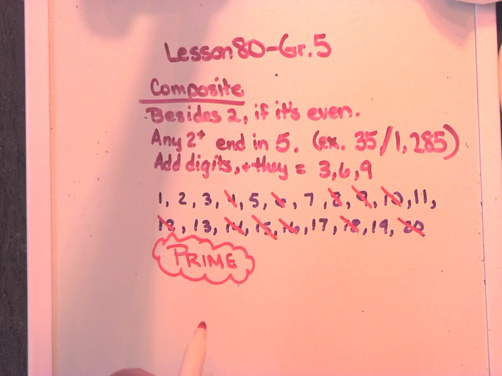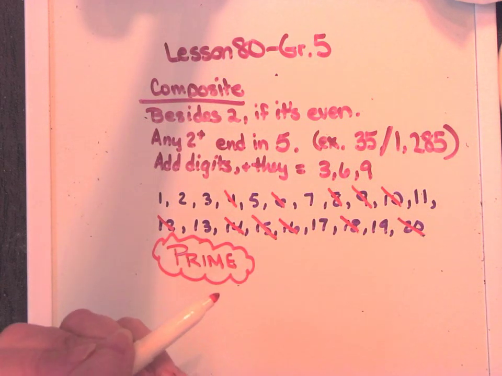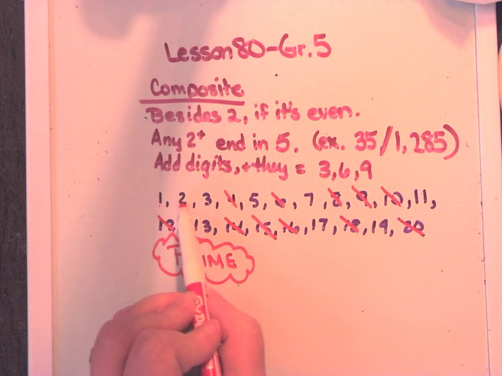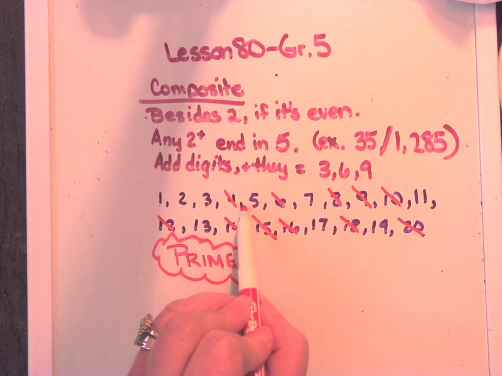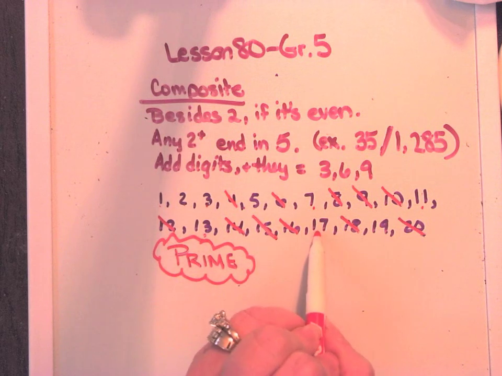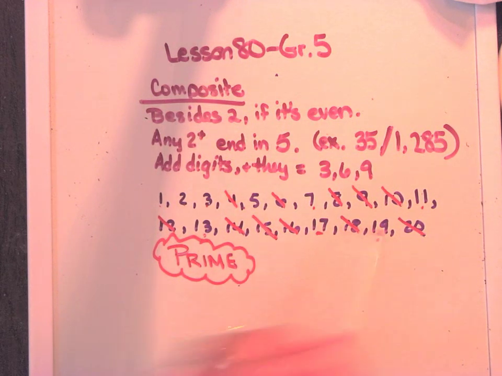So that doesn't work there, and there are no other numbers that we haven't already crossed out from the first two rules. So I'm done with my prime numbers up through 20. I have 1, 2, 3, 5, 7, 11, 13, 17, and 19, because I can't multiply anything together to get those numbers, except for 1 and itself.